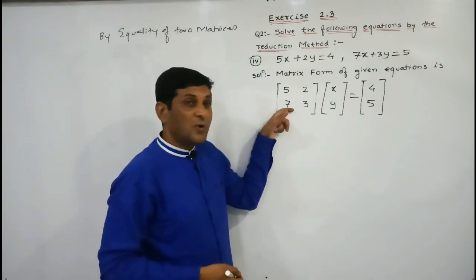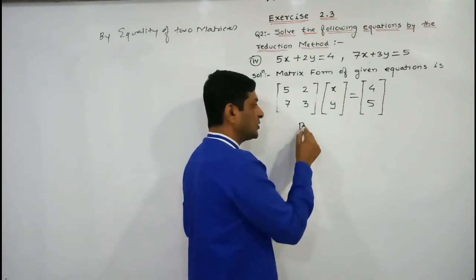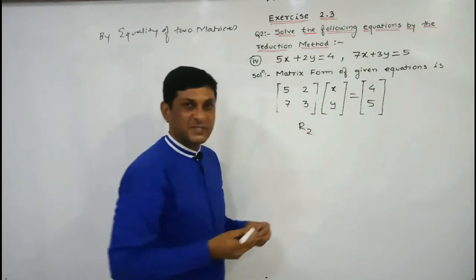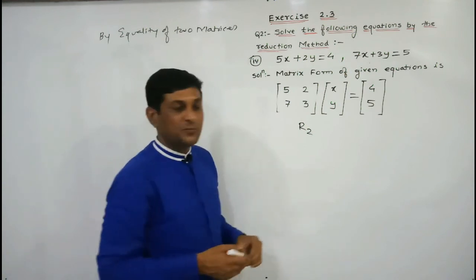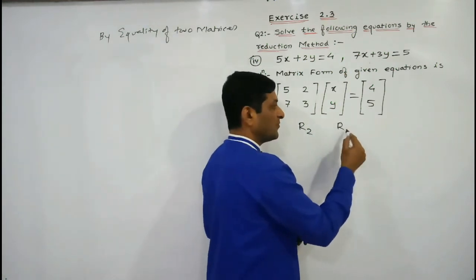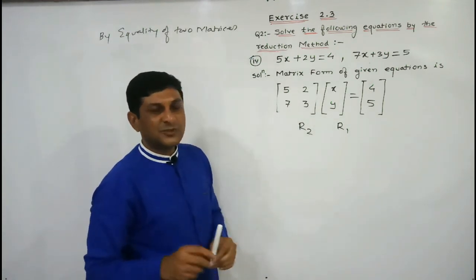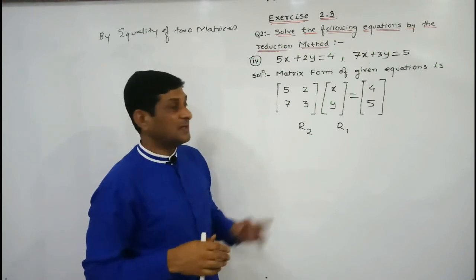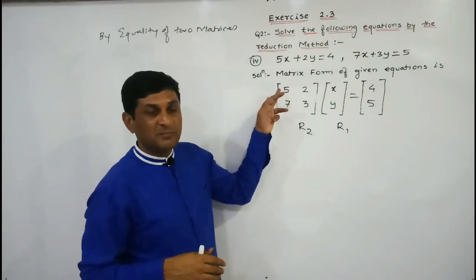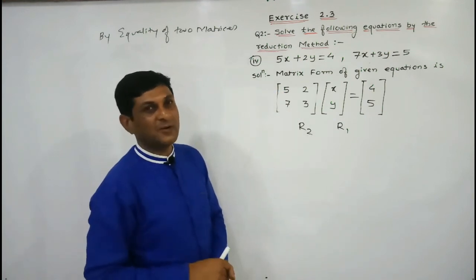But to convert this element into 0, our operation should be on what? R2, because this is the element of the second row. And while converting it into 0, we have to use the corresponding element of R1. But if you observe these two numbers, first we have to find their LCM, because by multiplying 5 by any number we are not able to get 7.